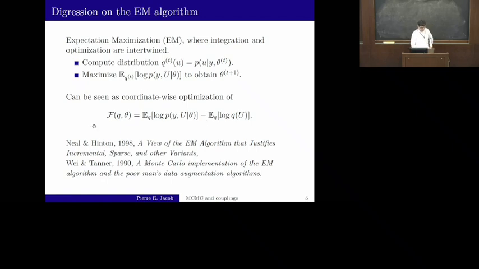So this is a bit of a complicated optimization problem because one of the coordinates is a distribution. But the EM algorithm is trying to do at every step an optimization of Q given theta and an optimization of theta given Q. There are references here.